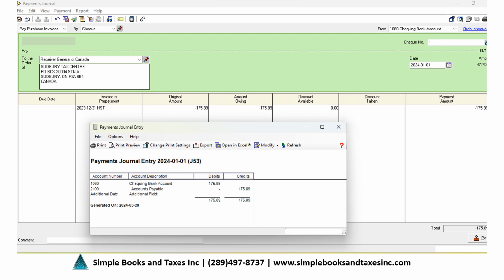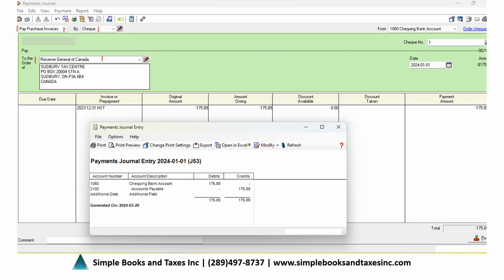So later when you receive the refund, the way that you can record it is by selecting Pay Purchase Invoice. Remember that the purchase invoice was in a negative amount. Choose the vendor as the Receiver General of Canada. The method of payment can be in cash or check.